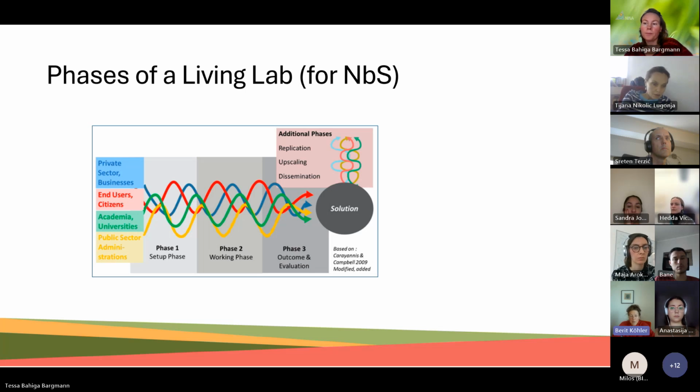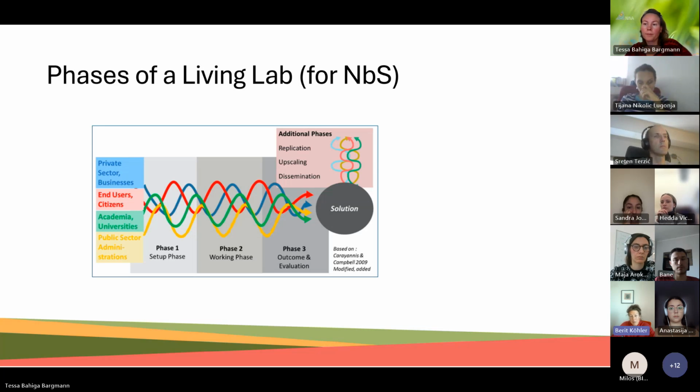Towards the end, I would just like to show you these 3 phases of a living lab, where you see again this quadruple helix model with the different sectors of stakeholders being involved in the setup phase, in a working phase of a living lab, and also in an outcome and evaluation phase.